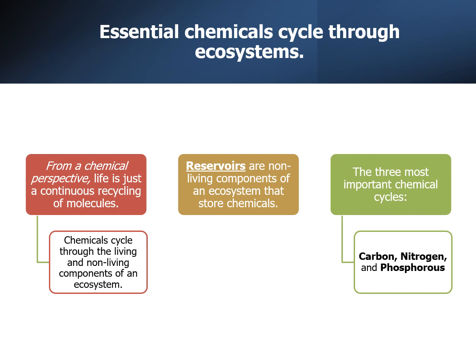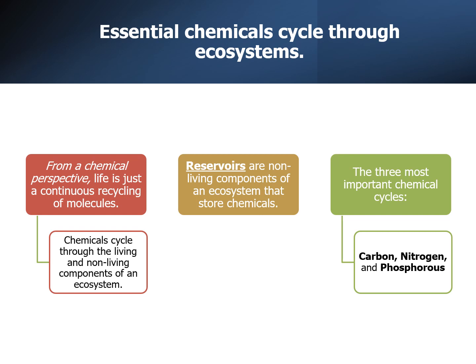All right, so what is necessary for life? Well, it's energy, which is what we've been talking about, and also some essential chemicals, which is also what we just talked about. But what chemicals are super important? Well, it's carbon, nitrogen, and phosphorus.